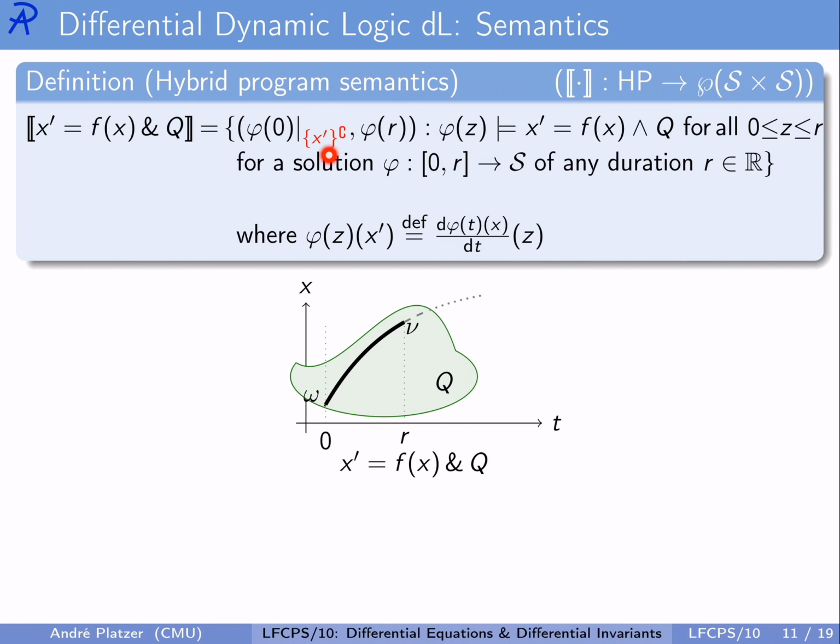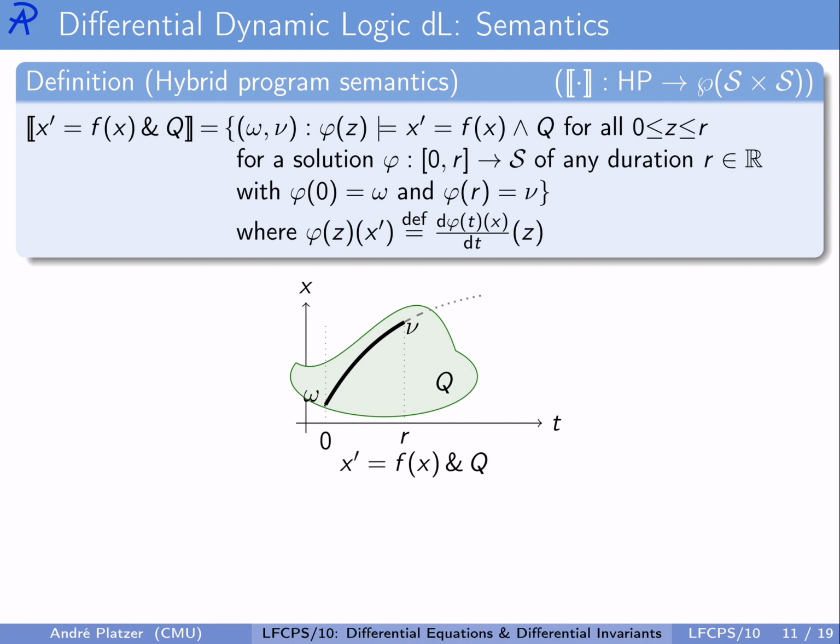Everywhere except this. What does that mean? On the complement of the set x prime. That means everywhere except for the value of x prime. Let's zoom into that. So that's supposed to be a relation that goes from the old state omega to the new state nu, as you see in this picture, such that the old state should be equal to the value that the solution has at time 0, and the new state should be equal to the value that the solution has at time r.